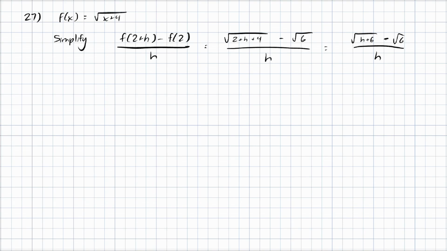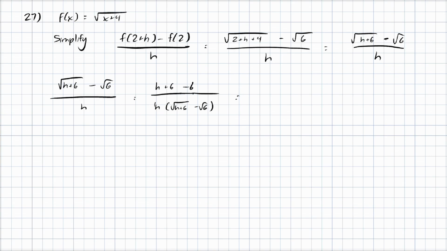And from here, you have a conjugate, right? So we're gonna do over h. So this equals h plus 6 minus 6 over h times root h plus, oh, not the whole thing, root h plus 6 minus root 6.